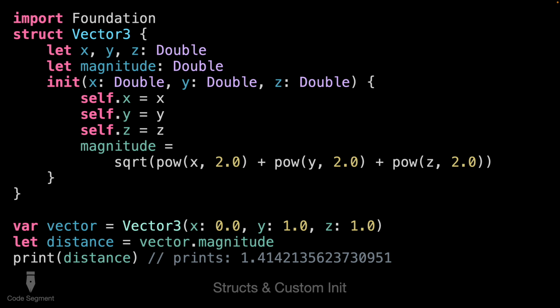They are let constants, which means they can't be changed, so you can't assign to them. So it would give you an error. So we use self dot to indicate that these are the stored properties that have the same name as the parameters that were passed in. So we don't need it for magnitude because we didn't pass in a magnitude parameter to our initializer.